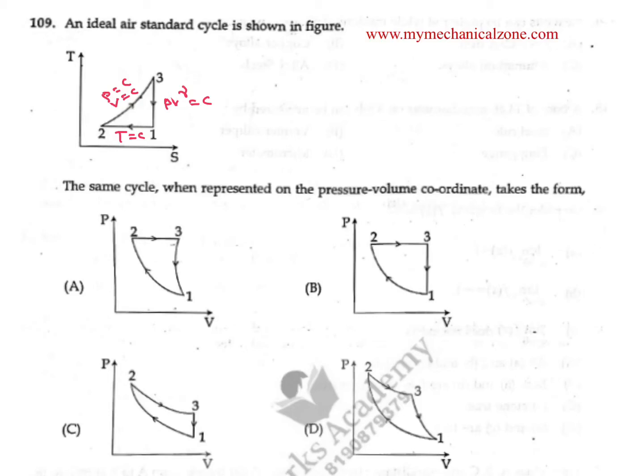So from the options, we will do the method of elimination. Here option A: 2 to 3 constant pressure is possible, 3 to 1 isentropic process is possible, 1 to 2 isothermal process is also possible.